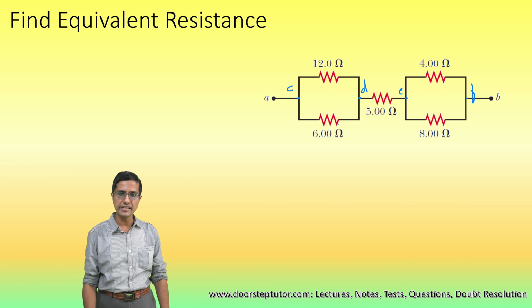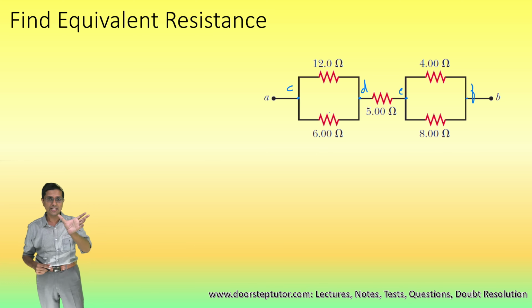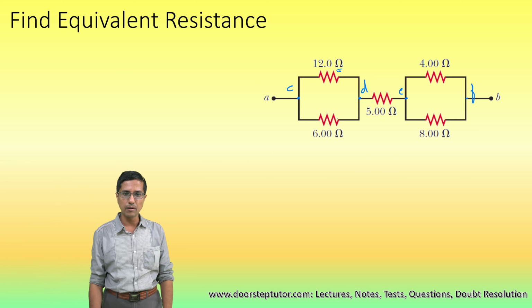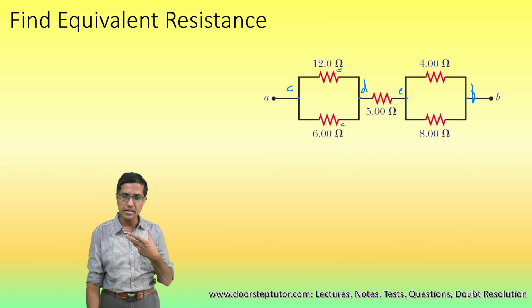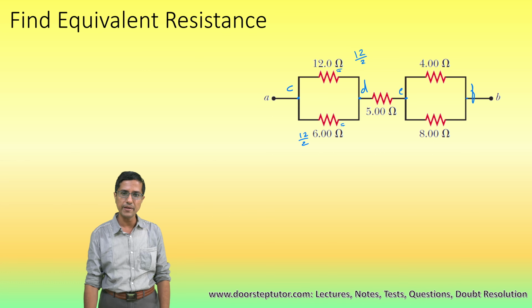So these two resistances are in parallel, they are connected between the same two nodes C and D. If you were to find their equivalent resistance, this will come out to be 12/3. So that is the equivalent resistance across these 2 points.